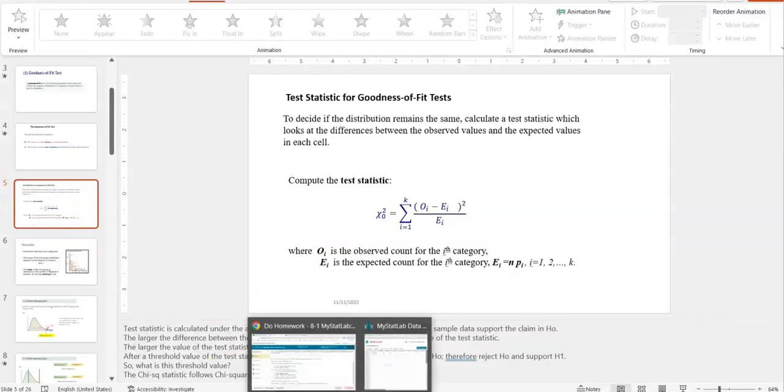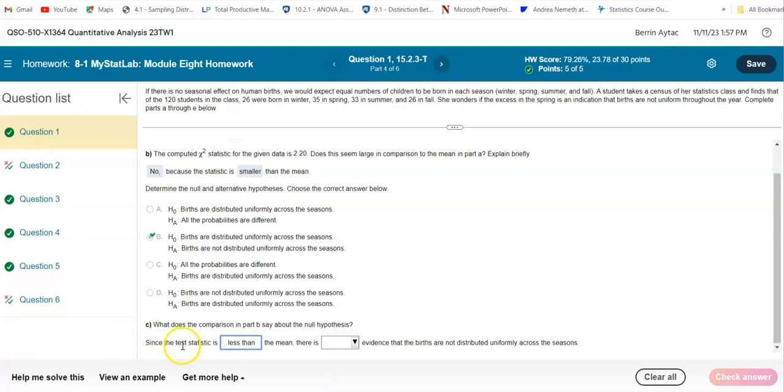So let's go here. Since the test statistic is small, less than the mean, we can support the claim in the null hypothesis. And remember, in hypothesis testing, we calculate a test statistic and check whether it supports the claim in the null hypothesis.